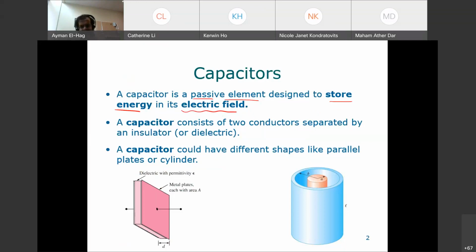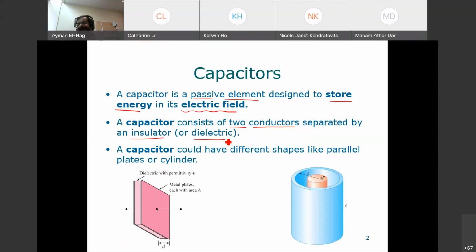So what is a capacitor basically? We have two conductors. One conductor will be energized, and one conductor will be grounded, so its voltage will be equal to zero. In between them there is an insulator, or what we call a dielectric material. What is a dielectric material?